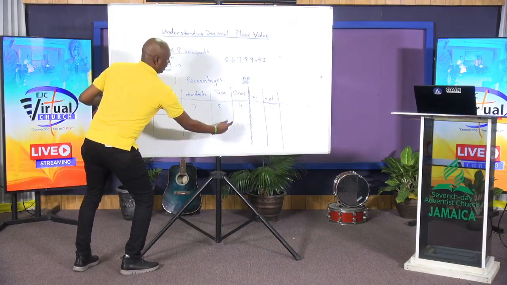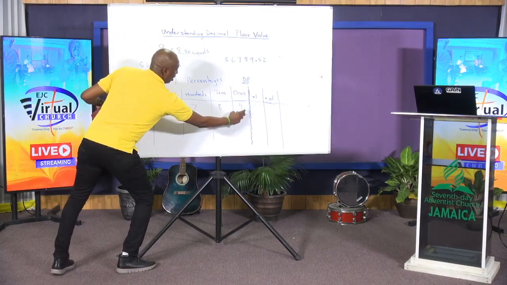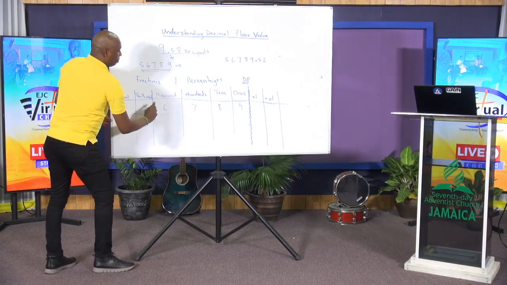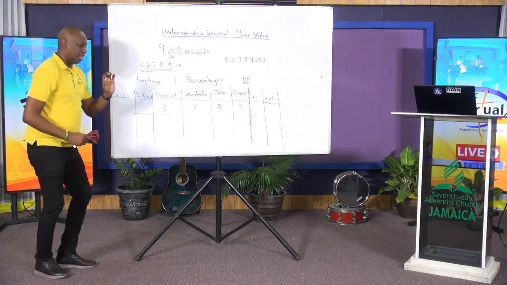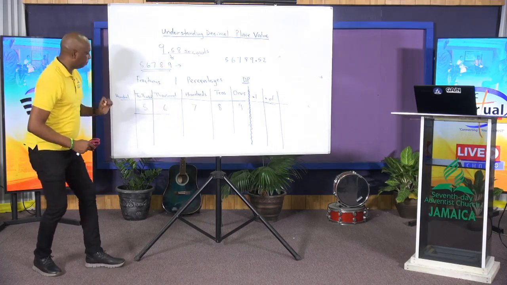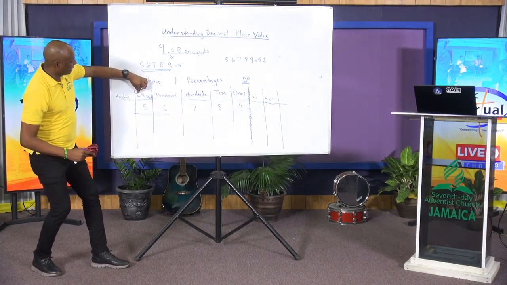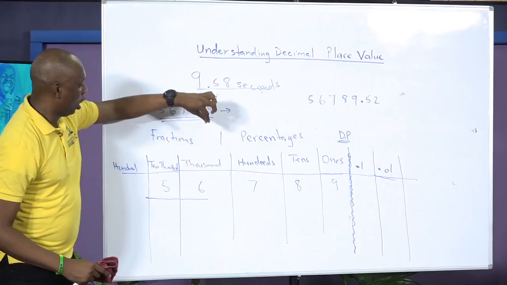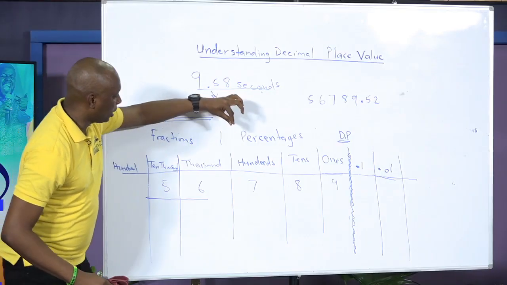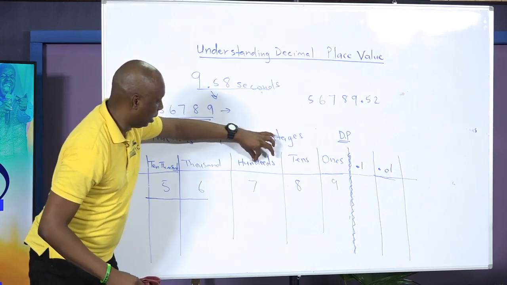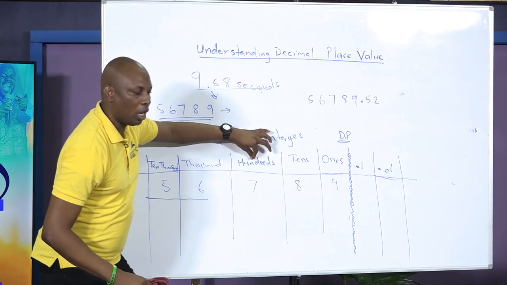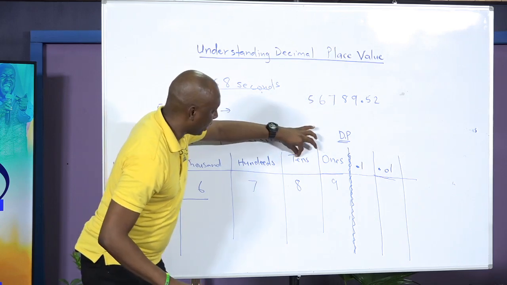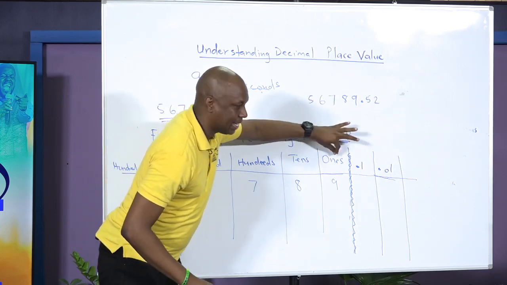Going to the right, it takes 10 units here to make 1. So each time we are creating a new column, it is shared up using the same principle of 10. 10,000 will contain 10 thousands. 1,000 will contain 10 hundreds. 100 will contain 10 tens. 10 will contain 10 ones.